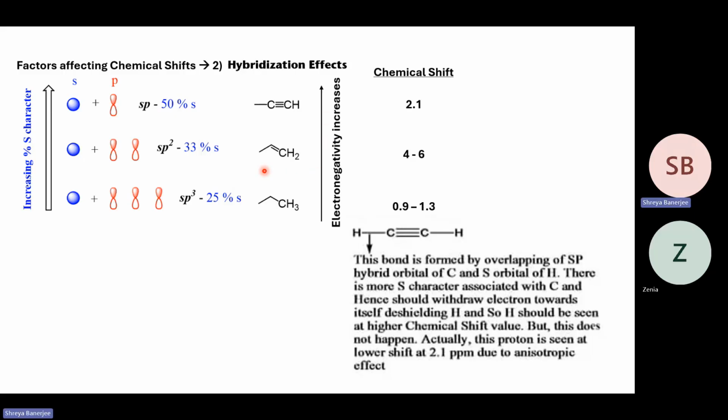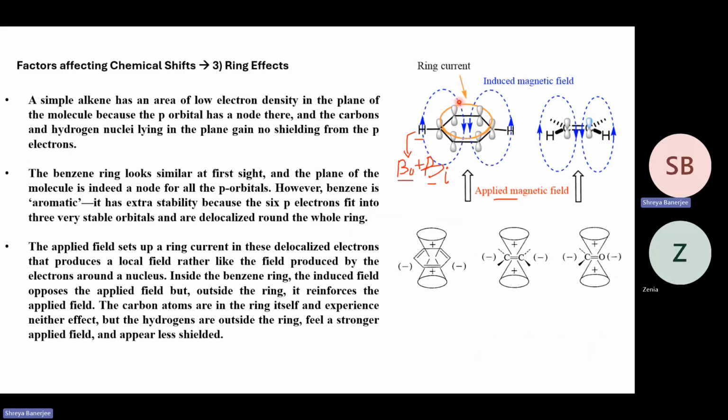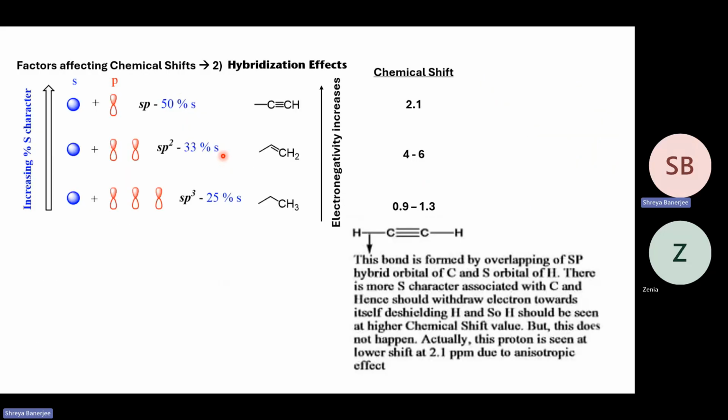Other than the hybridization effect, this ring current effect, or in the case of the double bond, you can call it the anisotropic effect, causes additional downfield shifting, which overwhelms the effects from hybridization, and that is why the hydrogen attached to the double bond has greater chemical shifts.